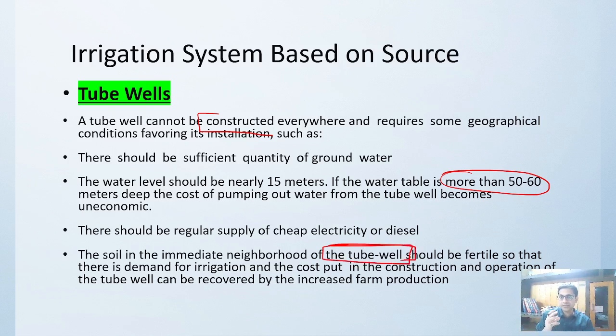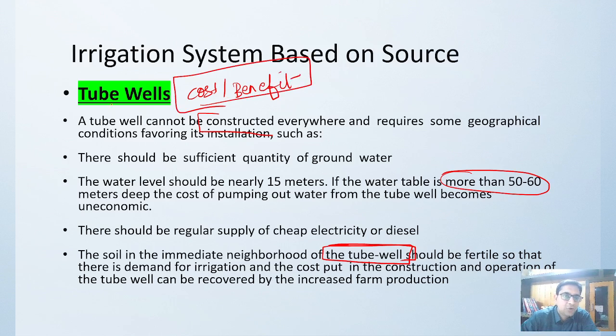Wherever we are constructing the tube well, it should be in such a way that we can utilize that water for irrigation properly. If we are constructing a tube well where the soil is fertile, we can use the water for irrigation and utilize it for increasing our farm productivity. But if you are constructing a tube well where the soil is not fertile, there is no need, because automatically it will increase your operational cost, and the cost benefit analysis of the tube well will go away.